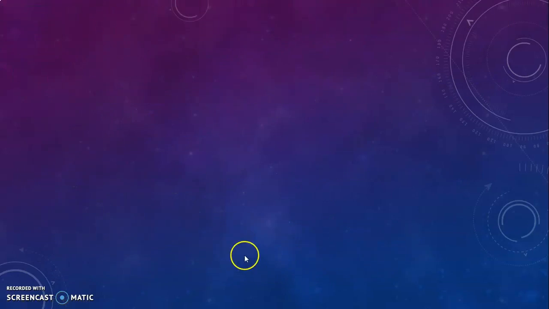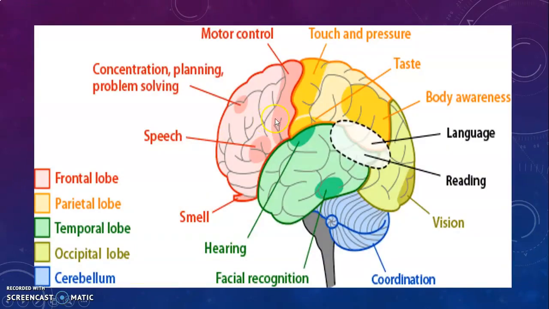This is the diagram of our brain, which shows the different functions carried out by the different regions. Speech, smell, concentrating and planning, problem solving, and motor control are controlled by the frontal lobe.